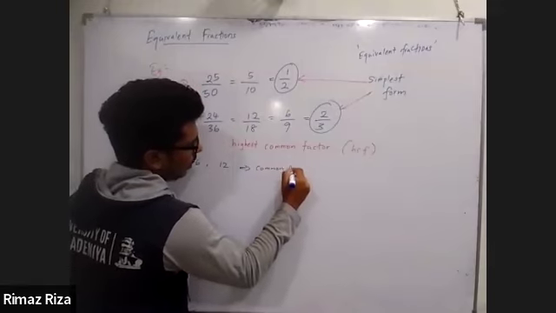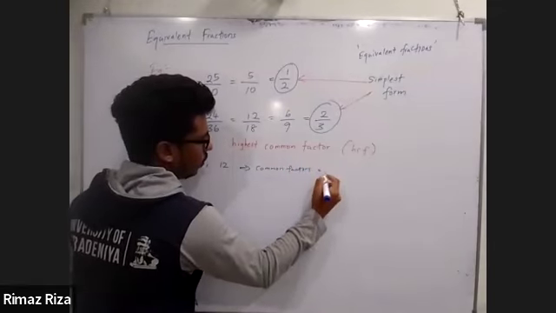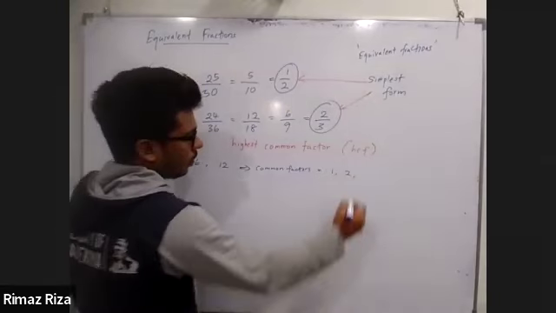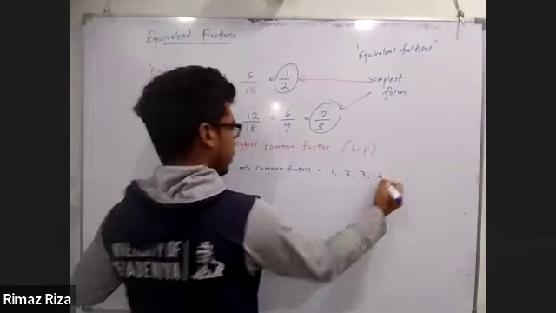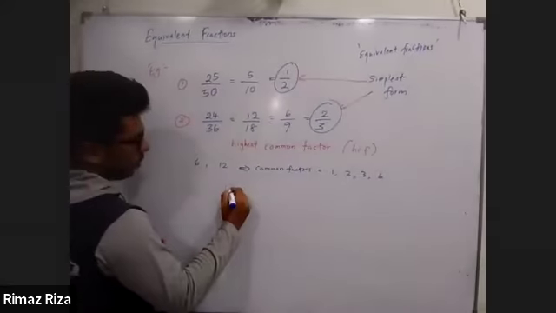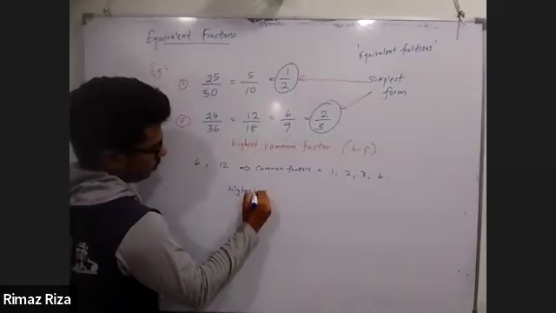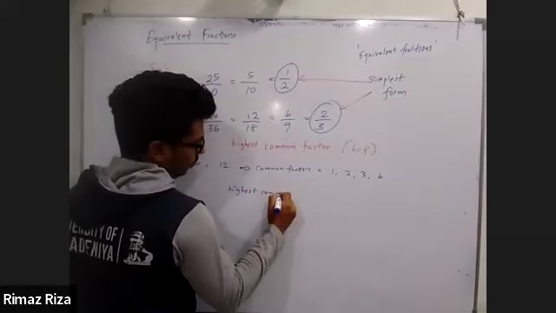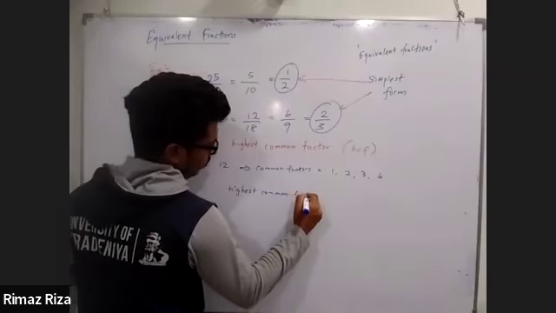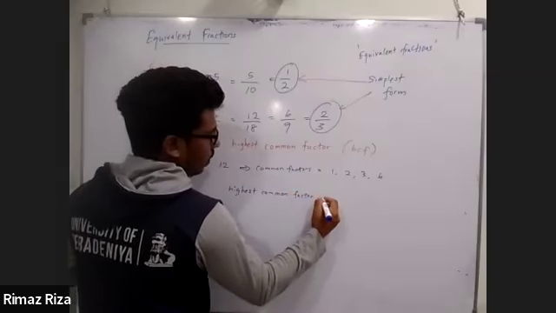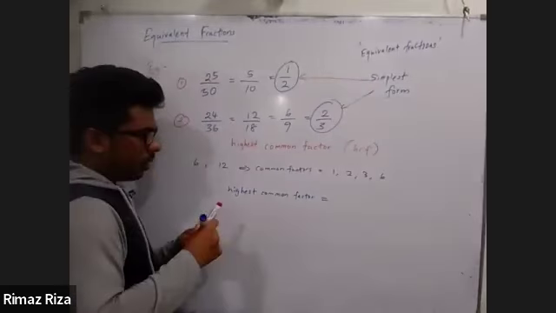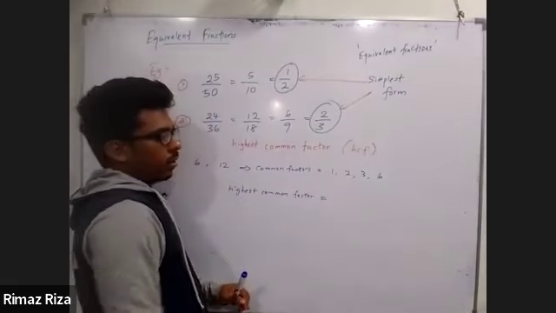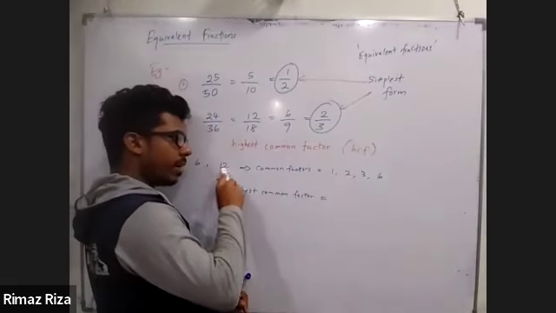Common factors equal 1, 2, 3, 6. The highest common factor is the highest value of these common factors.